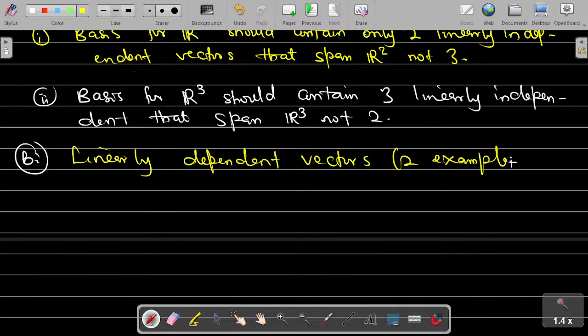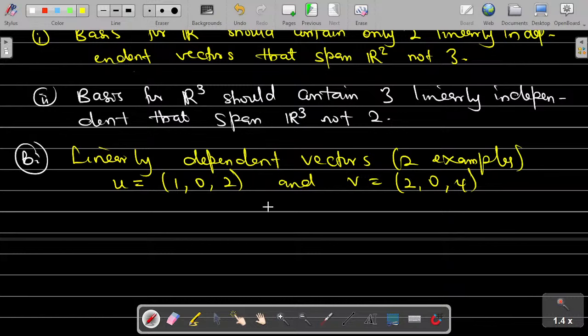So all you need to do is just put up any vector as your u, for instance something like (1, 0, 2), and then put up a multiple of it. Say (2, 0, 4). This is a multiple; I multiplied by 2 to get this.